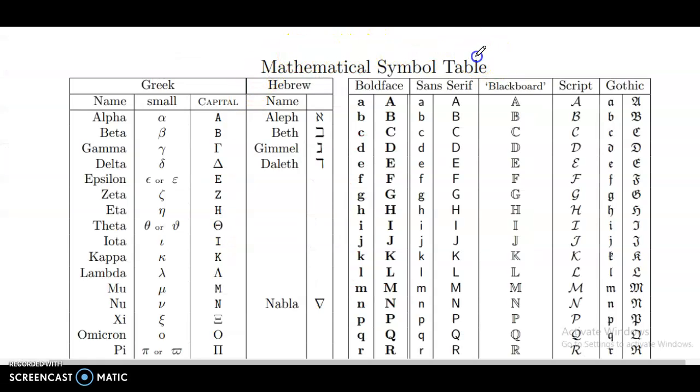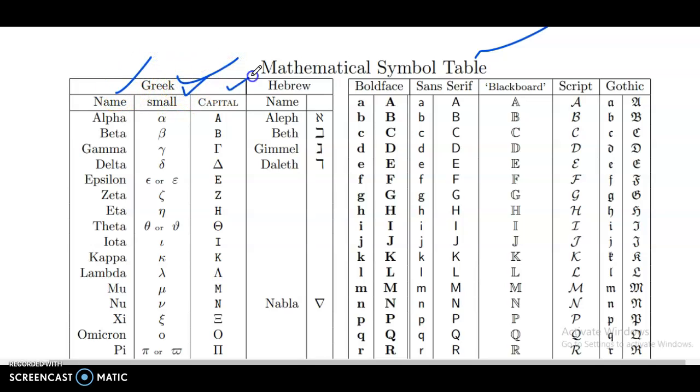Mathematical symbol table. Alpha, the Greek name, small and capital. Alpha we have seen. Then beta, gamma, delta, epsilon, theta, which is lowercase or uppercase.